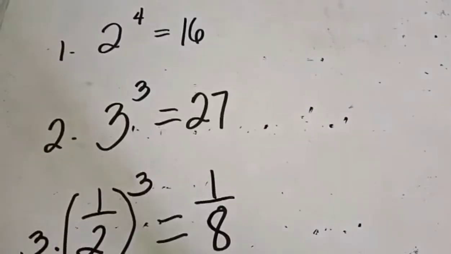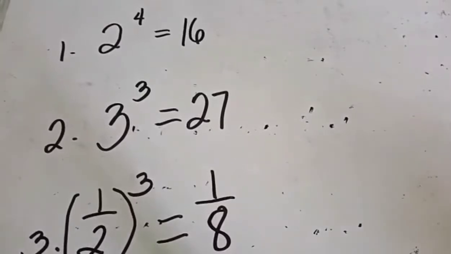Okay class, for now, let us study how to write an exponential function in logarithmic form. For example, we are going to write this exponential equation in logarithmic form. Our given is 2 to the power of 4 equals 16.